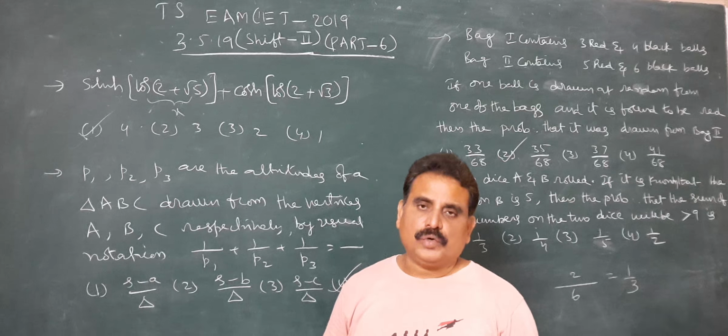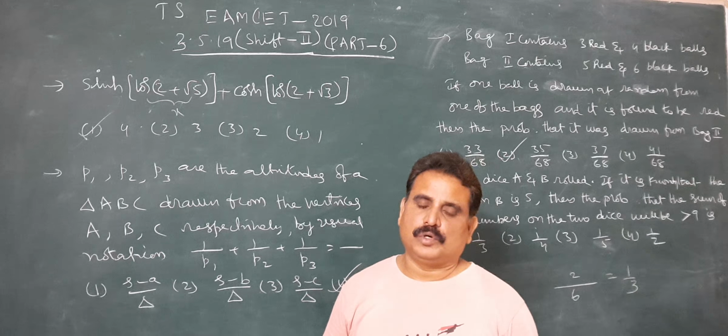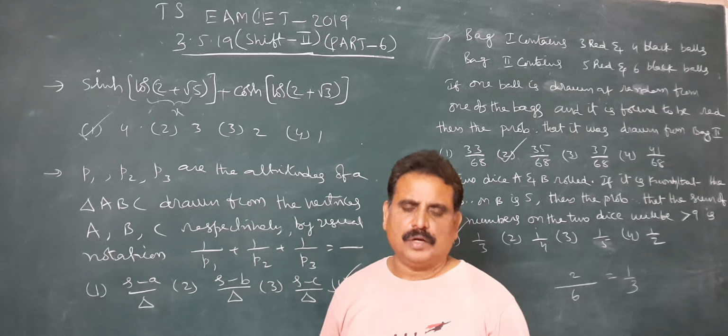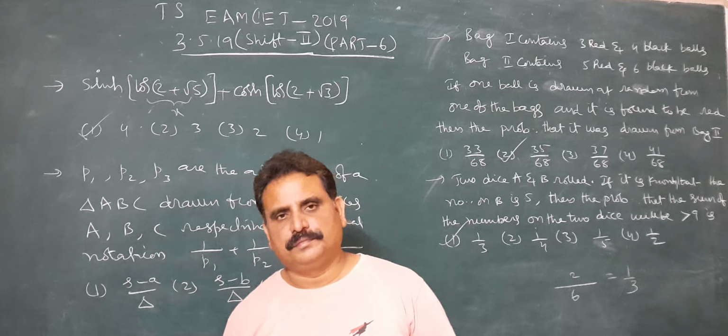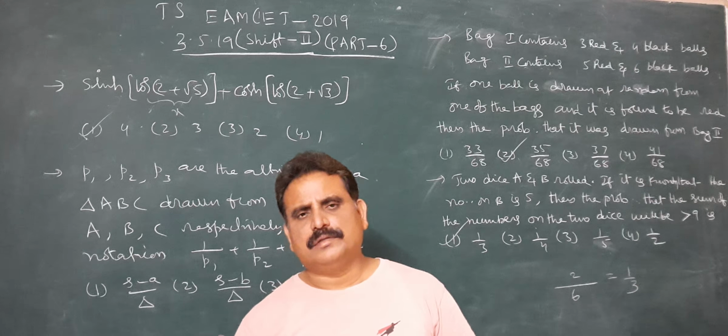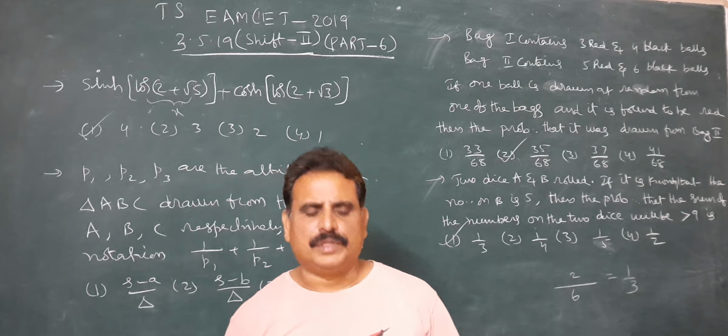Top 100, 129 marks. Top 1000, 99. If you score more than 99 in AP MSET, there is a chance of a rank below 1000.